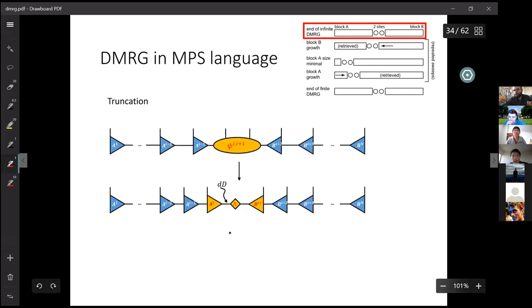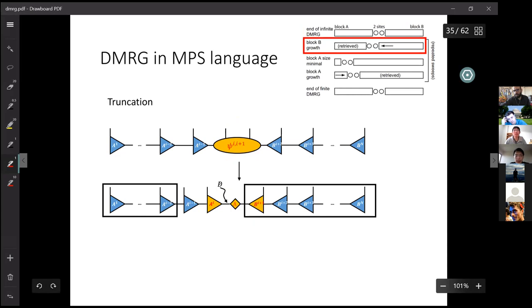Then we find the psi tensor, and now we do the truncation by doing the singular value decomposition. This bond is d-dimensional, and this bond is little d-dimensional. After an SVD, the intermediate bond has this dimension, which is too high, so we want to do the truncation. Basically, we discard some of the Schmidt values in the lambda tensor and keep only the largest of them.